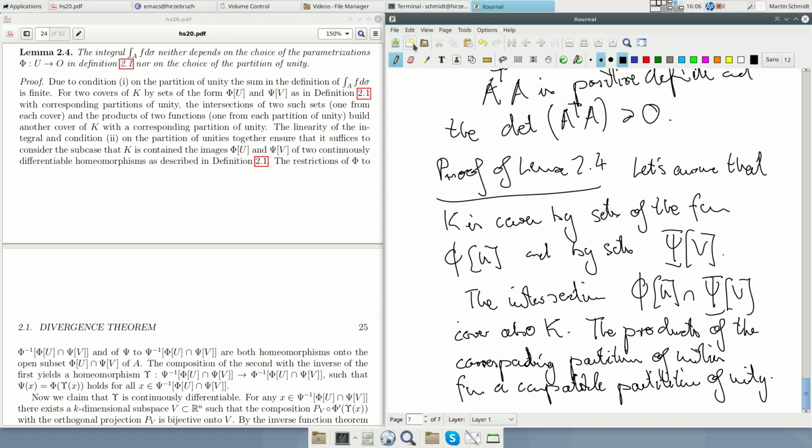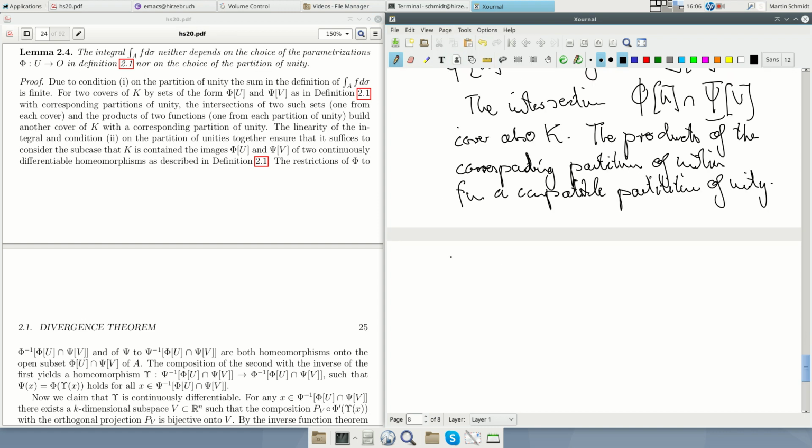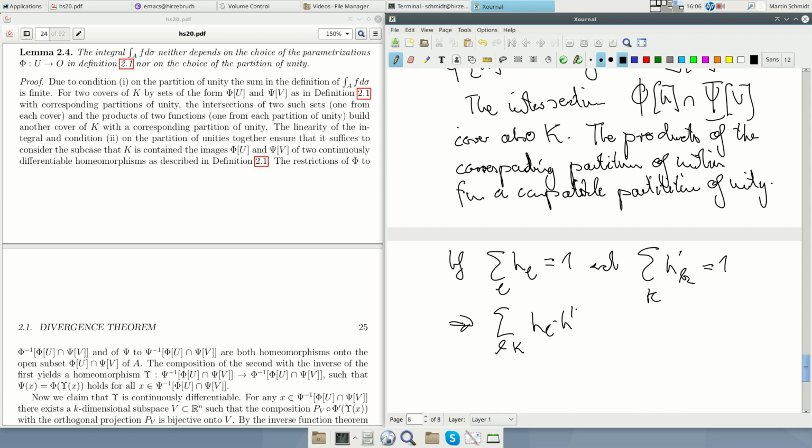If the sum over L of h_L is 1, and the sum over K of h'_K is 1, then of course the sum over L and K of h_L times h'_K is also 1 by the distributive law. So it's really a partition of unity.